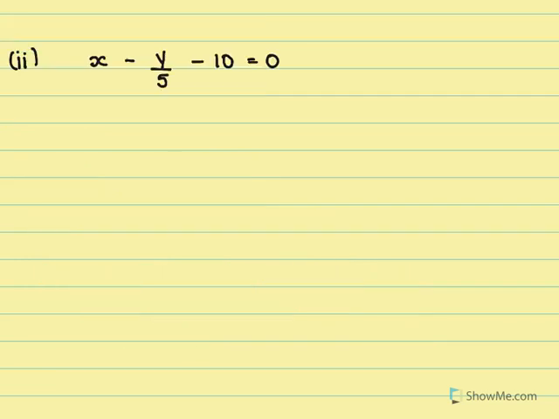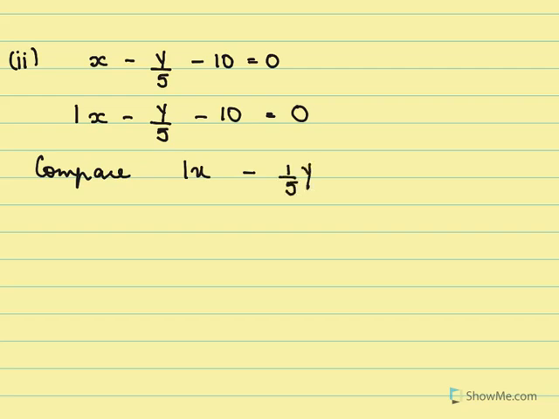For the second one is x minus y by 5 minus 10 equal to 0. Now if you notice that x has no coefficient, so I can write x as 1x. This is y by 5 minus 10 equals to 0. Now compare 1x minus, I can write this as 1 by 5y, is the same thing, minus 10 equal to 0, with the standard equation which we take, that is AX plus BY plus C equal to 0.